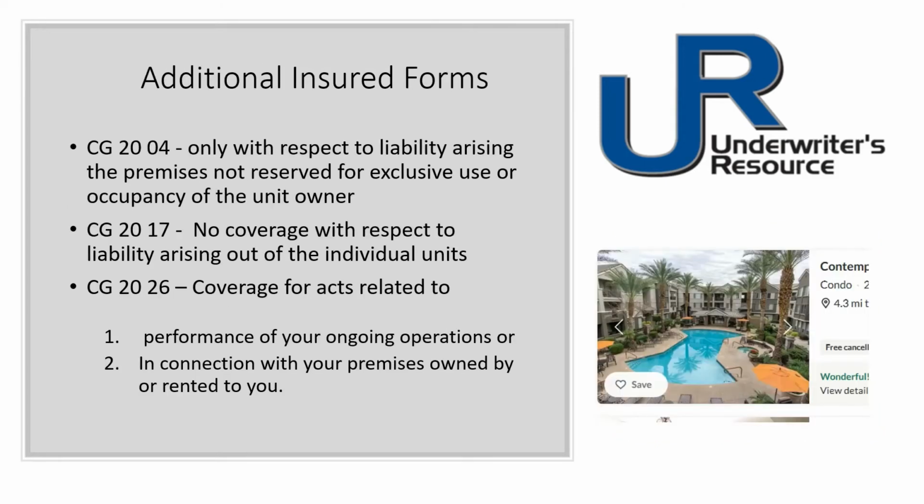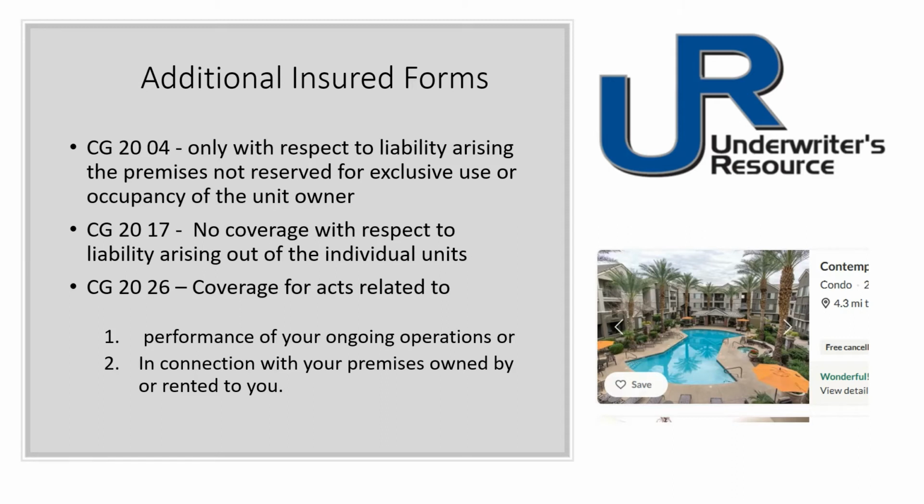Let's take a quick look at those additional insured forms. CG 2004 only adds coverage for those unit owners with respect to liability arising out of the premises that is not reserved for exclusive use or occupancy of the unit owner. Likewise, CG 2017, there is no coverage with respect to the liability arising out of the individual units.